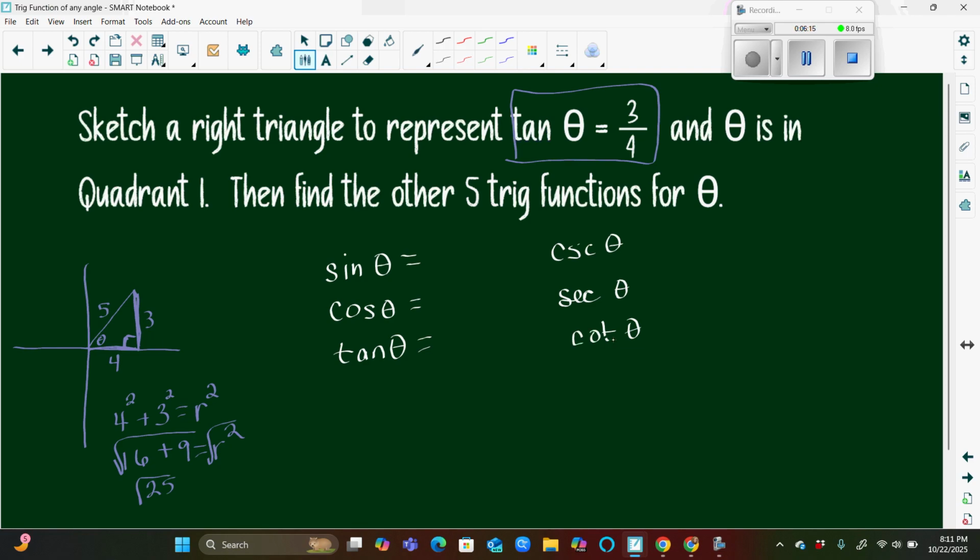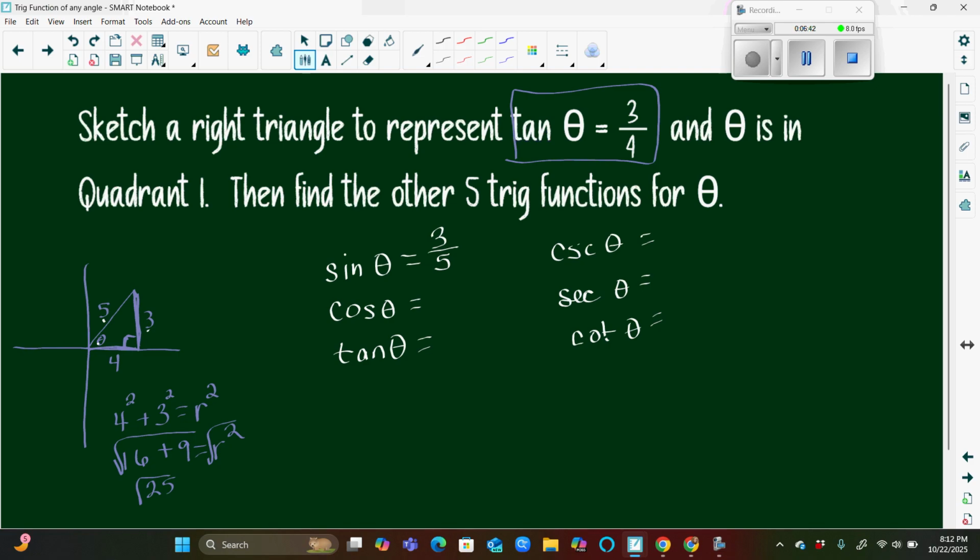Cotan theta. Now, what we're going to do is find all of these values based off of the triangle that we have over here. So sine is going to be opposite over hypotenuse, or you can say y over r. So looking over here at our triangle, we got y over r, opposite over hypotenuse, which is going to be 3 over 5.